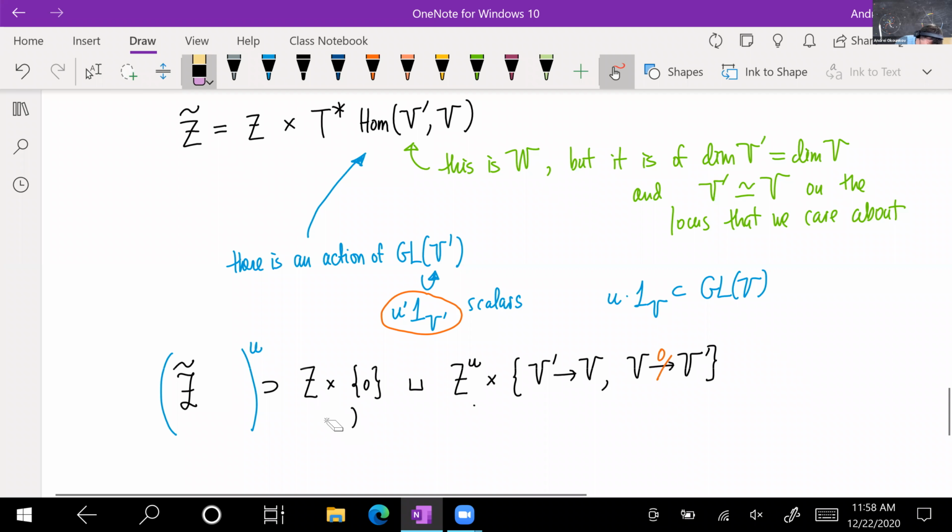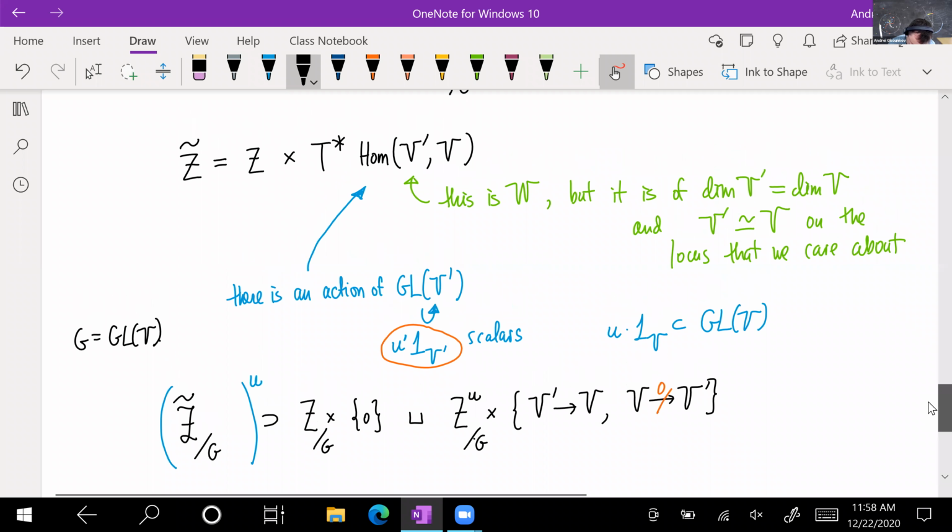Sorry, I should have. Let's take the stack, and then that would be exactly right. Right, so this is where we start, and this is where we end from our perspective.